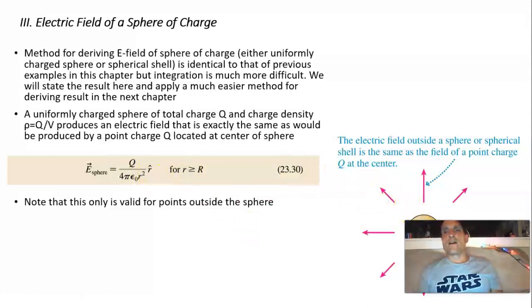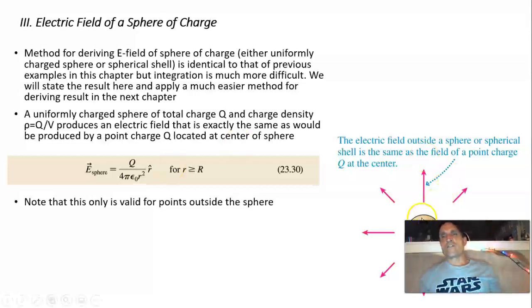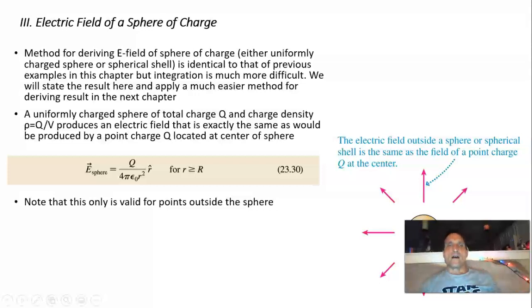That just means that the direction of the field at all points is radially out, and it goes as 1 over r squared. So this result is interesting in that you can put a point charge of charge Q in the middle, and it'll produce the same field as that same amount of charge distributed over the surface of a sphere. Again, we're not deriving.